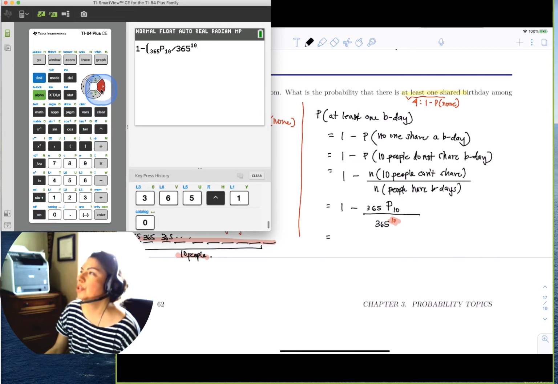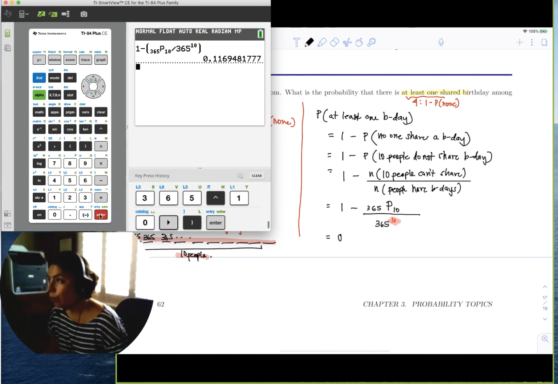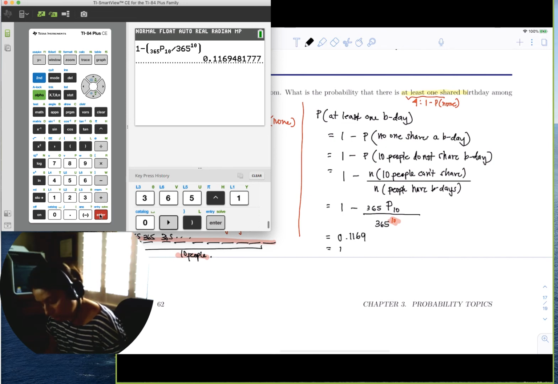Get out of the superscript, close the parenthesis, and then enter. So here it would be about 0.1169 or 11.69%.